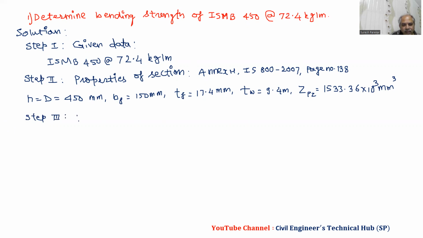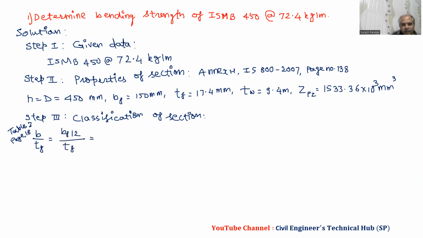Step 3, classification of section. So we have B by TF, table 2, page 18, IS 800 2017. B is BF by 2 upon TF.